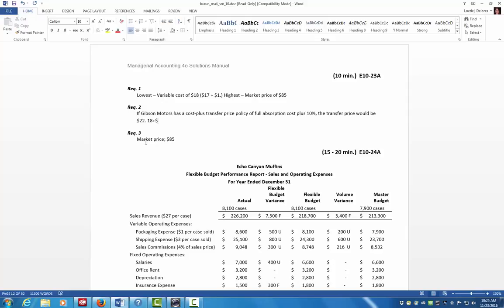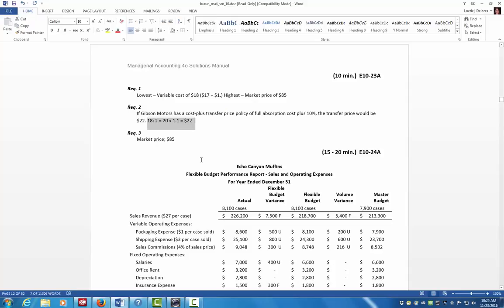So we're going to take the 18 plus 2, and then we're going to multiply that by the additional absorption cost that they're adding on of 10%. And that's where we get the $22. So that's where they're getting their transfer price of $22 on that one.